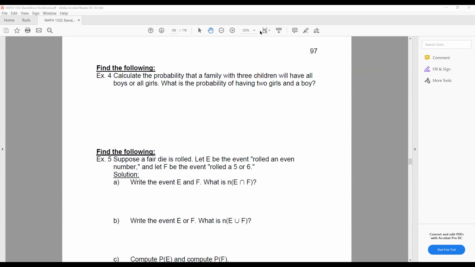Calculate the probability that a family with 3 children will have all boys or girls.